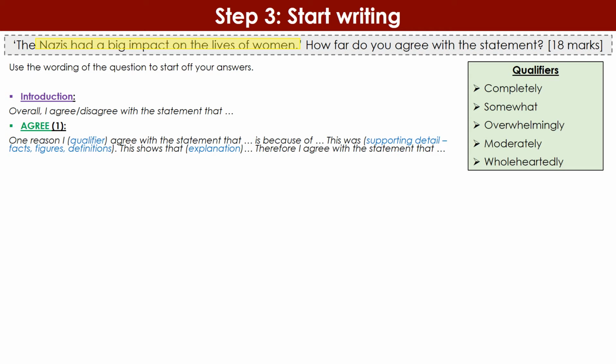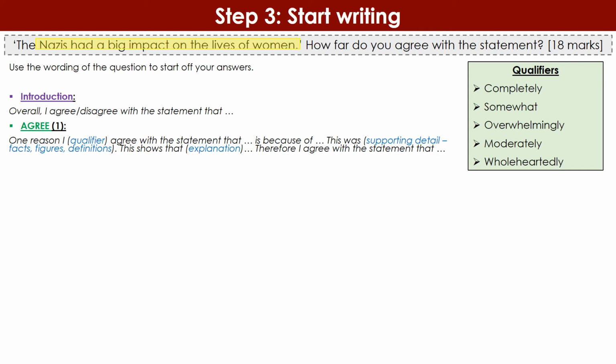This was, and then this is where you are going to include some supporting detail, including things like facts, figures, definitions, statistics, anything that is historically accurate to that example. Then you are going to need to explain why that example you have chosen actually answers the question. So this shows that, explain why that example tells us whether the Nazis did have a big impact on the lives of women.